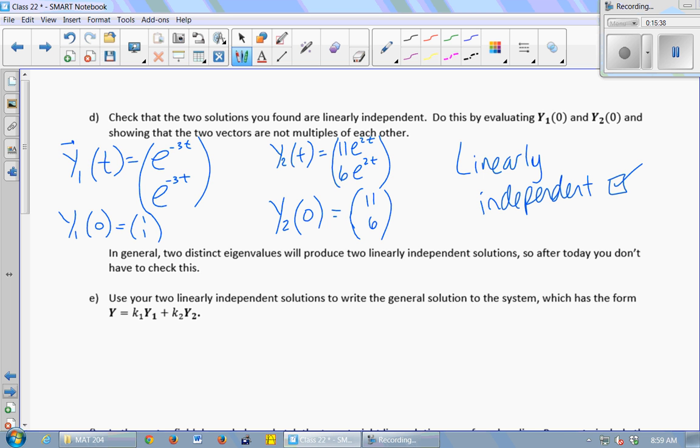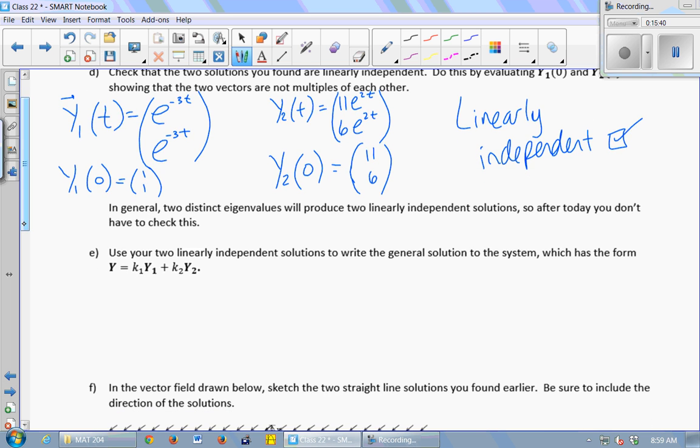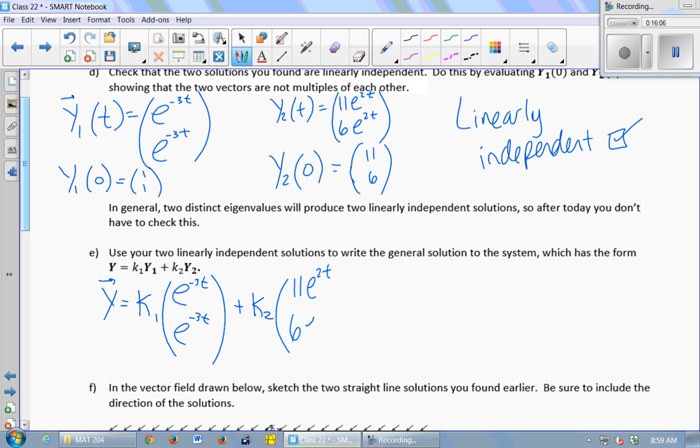So my general solution is y equal to k1, some unknown constant, times y1, and y1 is e^(-3t), e^(-3t), plus k2 times y2, and y2 is 11e^(2t), 6e^(2t). So there's my general solution.